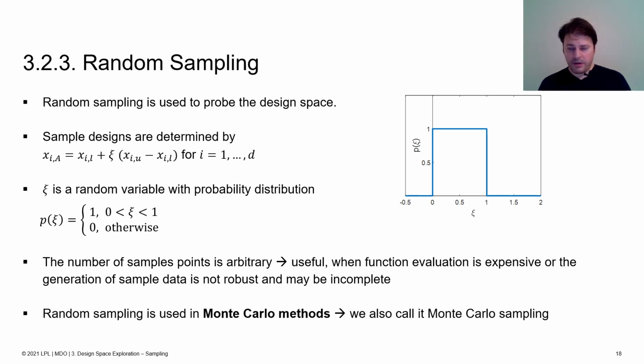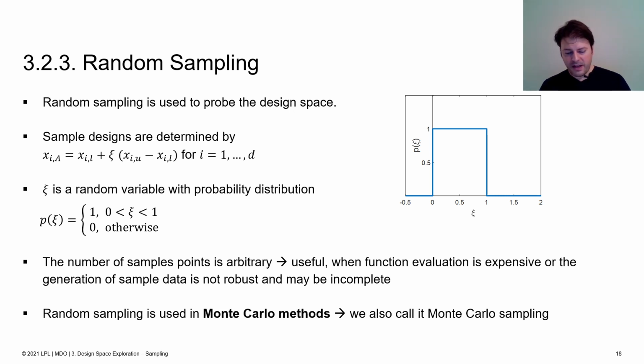Another important keyword that should be mentioned in this context is Monte Carlo. There is a family of methods that relies on random sampling, and those methods are called Monte Carlo methods. The name was probably chosen because there are lots of casinos in Monte Carlo, so randomly choosing design variables is somehow associated with this idea of chance, and that supposedly led to the name of these methods.